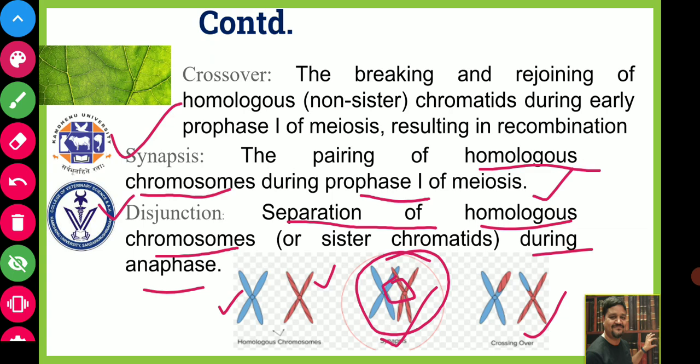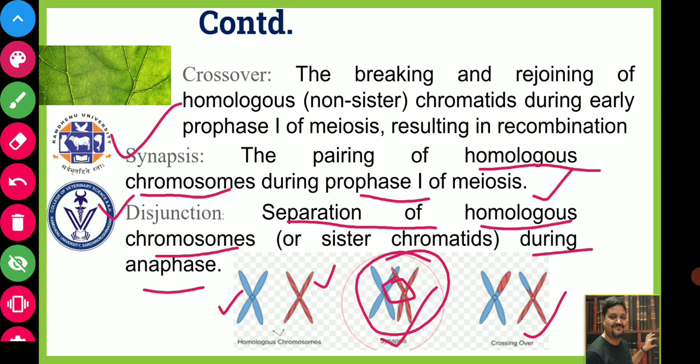At metaphase there will be pairing of chromosomes and formation of junction, and these sister chromatids are joined by the centromere at a point. During the anaphase stage of the cell cycle, these two sister chromatids will separate from each other, and that is called disjunction.